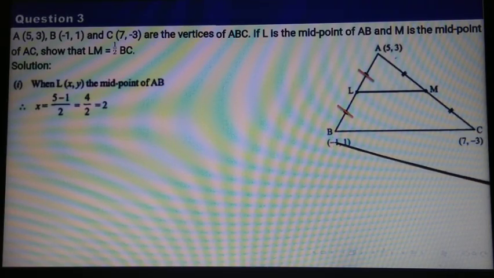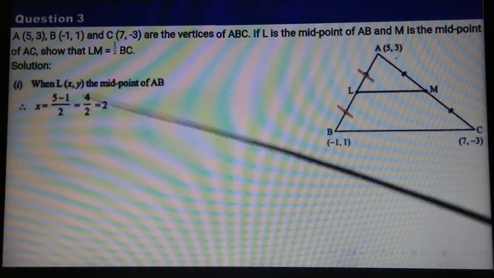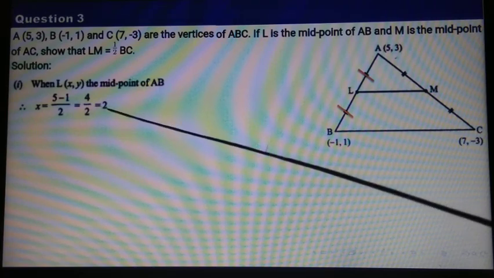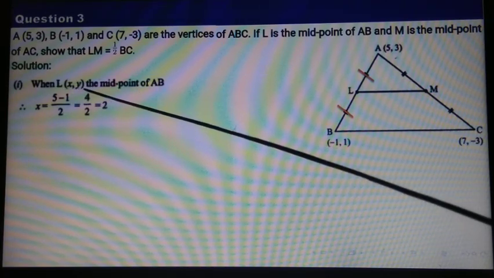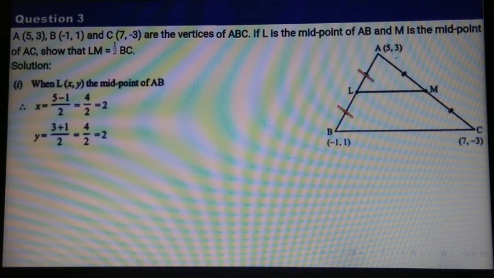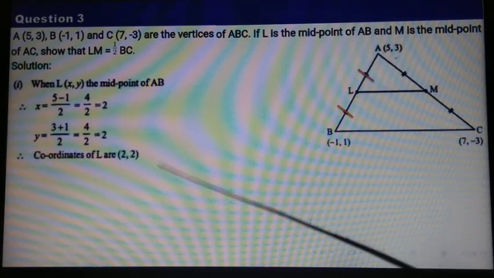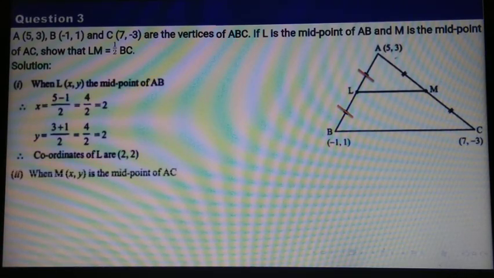So plus into minus becomes minus, right? So 5 minus 1 is 4, and 4 divided by 2 is 2. So this is your x, fine. Similarly let's find y. y will be equal to (y1 + y2) whole divided by 2, which will again be 2. So we found the coordinate of L, that is (x, y), that is (2, 2), fine. Similarly let's find the coordinate of M.